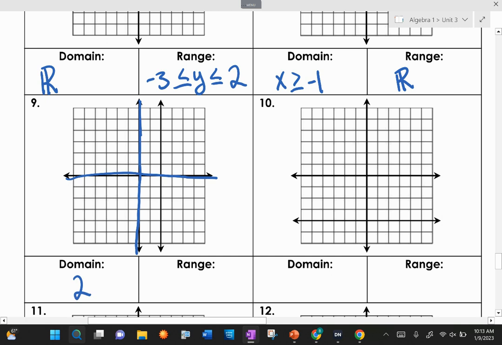That's not specific. X is 2. Finally, we can start. Okay. X equals 2. Range. What is the range? R. Number 10.